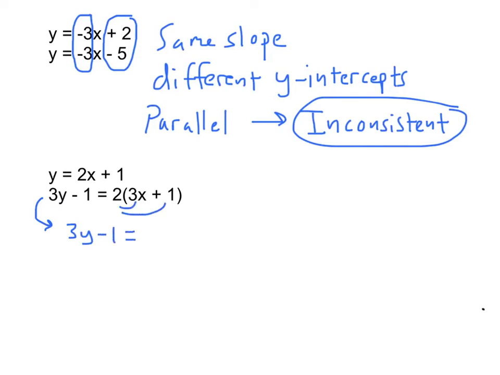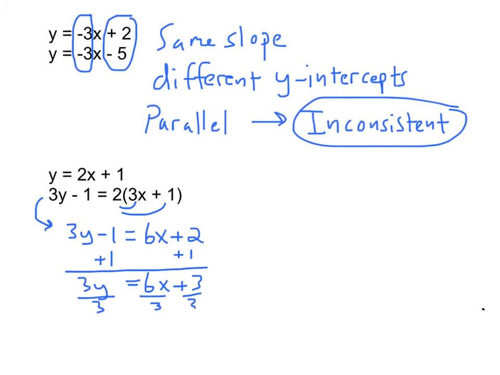So we'd have 6x plus 2 on the right side of the equation. And then add 1 to both sides. So that would give us 3y equals 6x plus 3. And then divide everything by 3. And that ends up giving us y equals 2x plus 1.